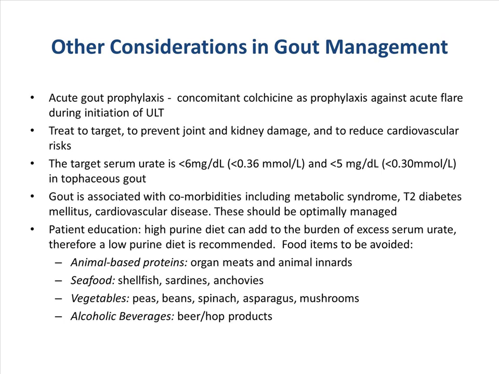The target serum urate is less than 6 mg per deciliter and less than 5 mg per deciliter in tophaceous gout. Thirdly, remember gout is associated with comorbidities including metabolic syndrome, type 2 diabetes, and cardiovascular disease. This should be optimally managed by the physician. Fourthly, patient education is important, including advice on low purine diet.